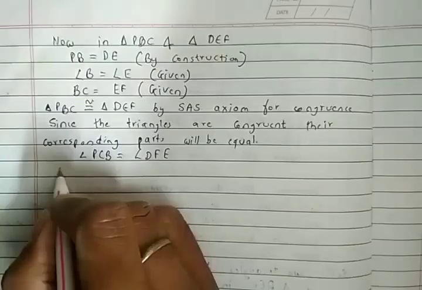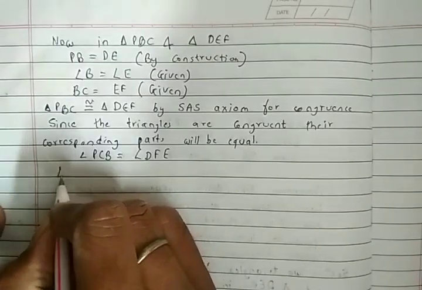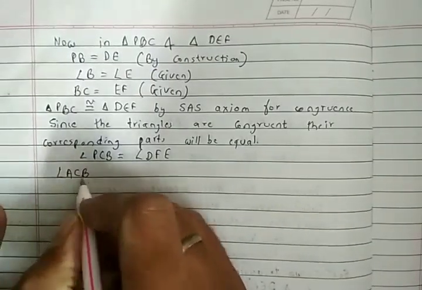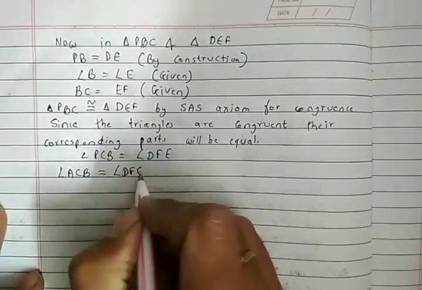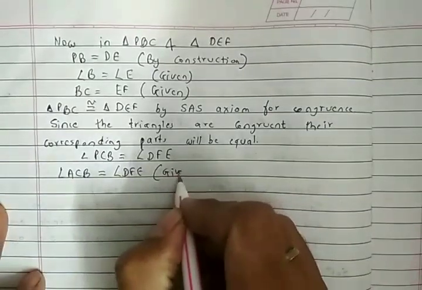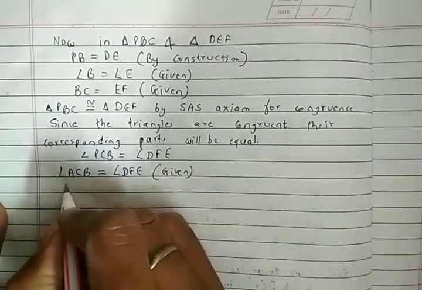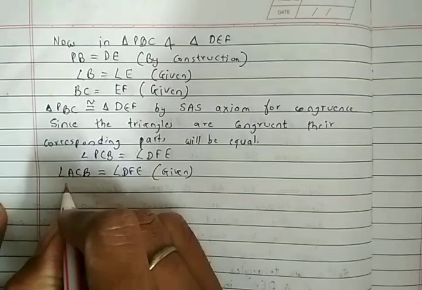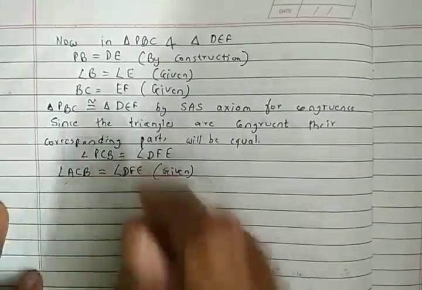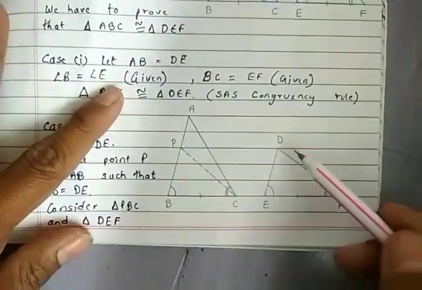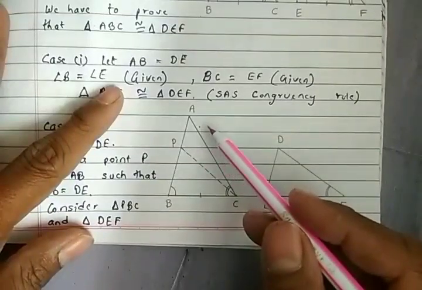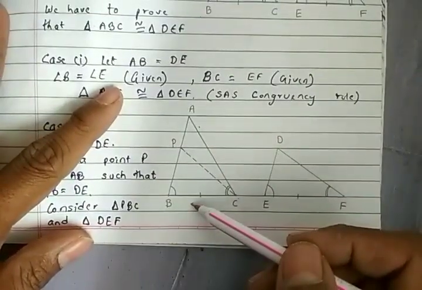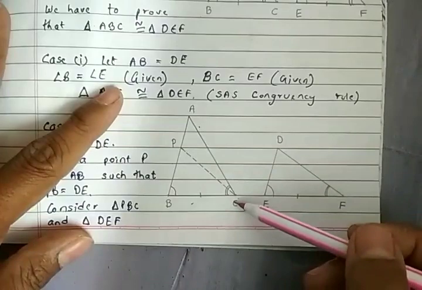Okay, but here we are given that angle ACB is equal to angle DFE. This is given. So now ACB will be equal to PCB.